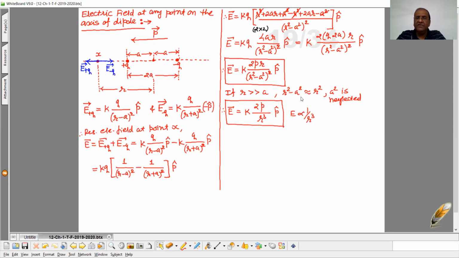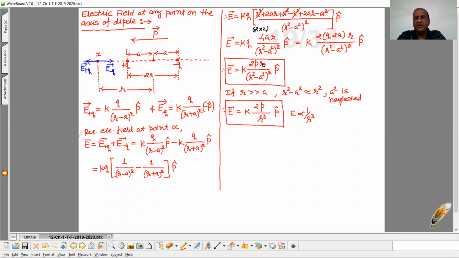Now, here we can neglect A square. So we can write now E equal to K, this 2P. If A square is neglected, then here we will get (R square) squared, that is R raised to 4.